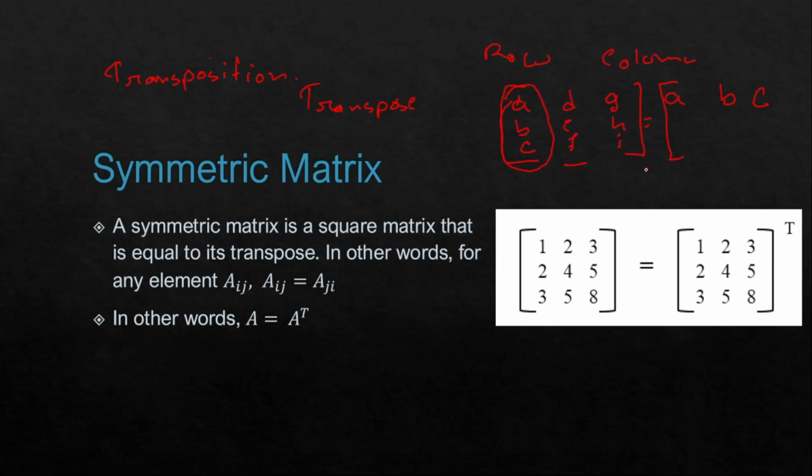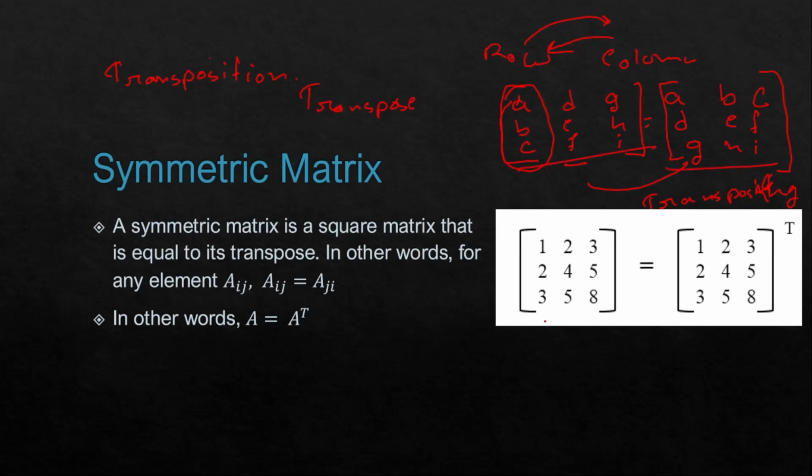This is the second column, we turn it into the second row. Same with the last one. What we did here is exchange the rows and the columns. This process is called transposing the matrix, or a transpose of a matrix.